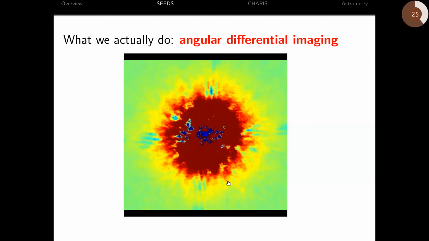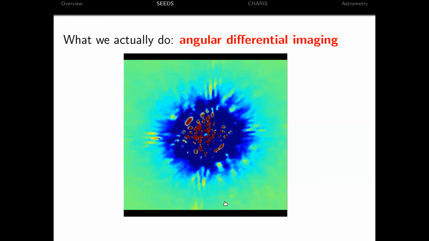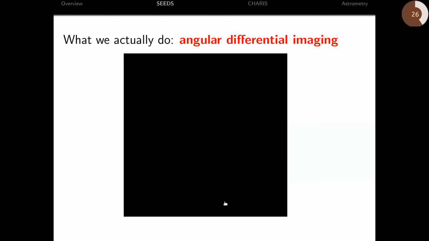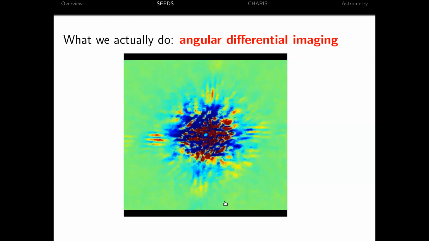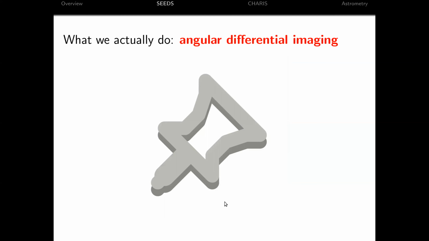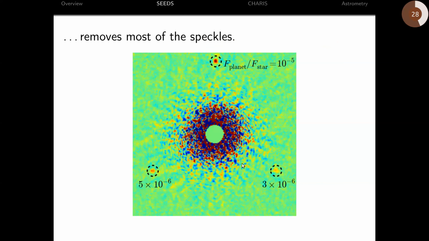If I make the planet fainter still, you can maybe see it, but this is going to run out of steam. And at this point, I can't see it. You can try to do something a little bit fancier, and then you can probably detect such a thing, in this case about 100,000 times fainter than the star, which is roughly the level that we were at before.